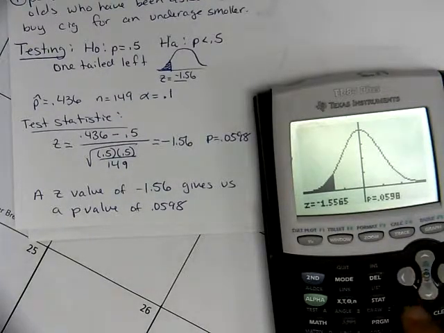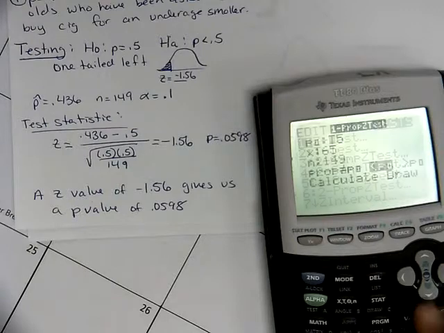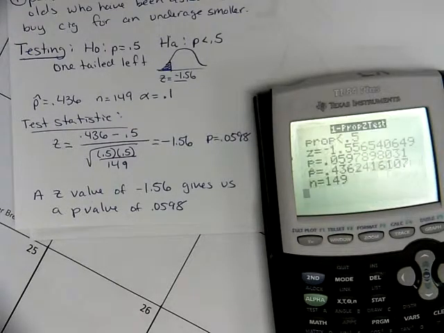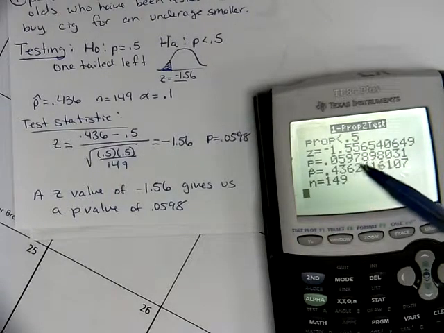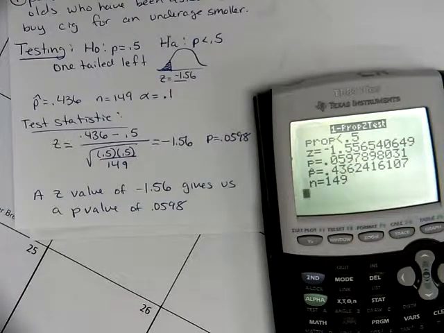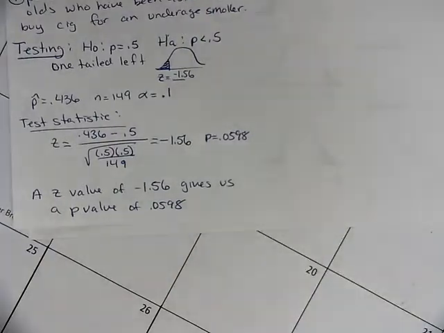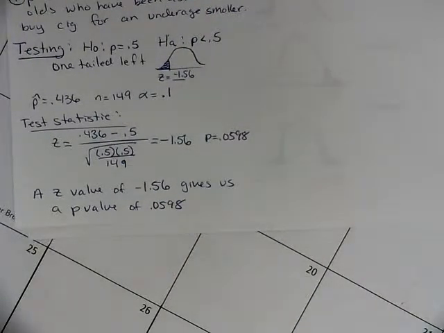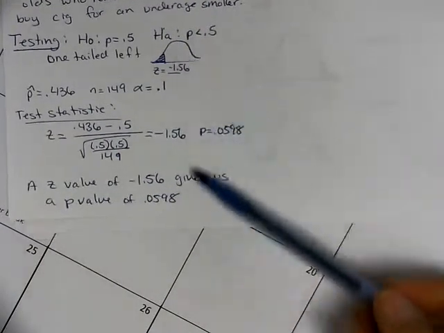If it doesn't hit draw, you can always go back and hit calculate. The calculate will spit back out p hat. Don't get confused. This top one's your p-value. Okay. Questions so far? Like I said, this is the new stuff.